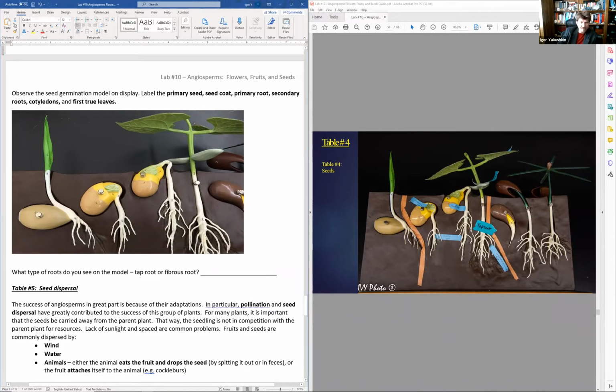Whenever the dicot seed is growing, see, this is the cotyledons, this is the first true leaves. Whenever it's growing, it will open up and the seed will literally come out from the ground. As a matter of fact, it will come out and open up with the first two things. Those things are actually cotyledons.